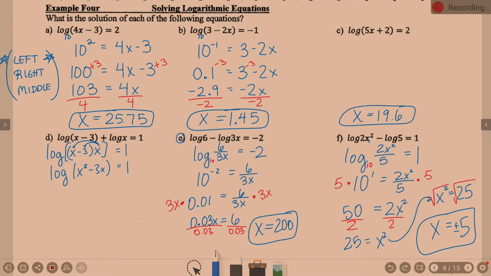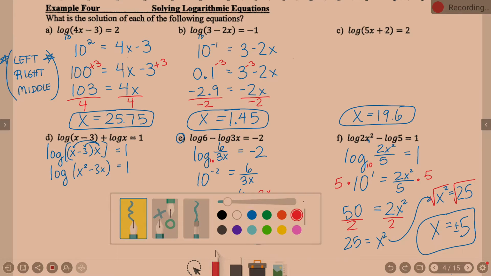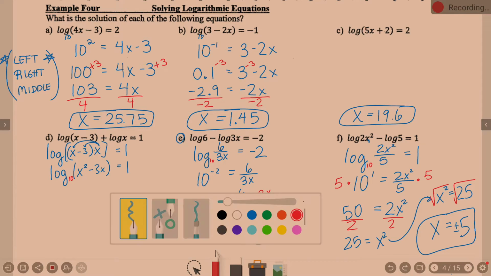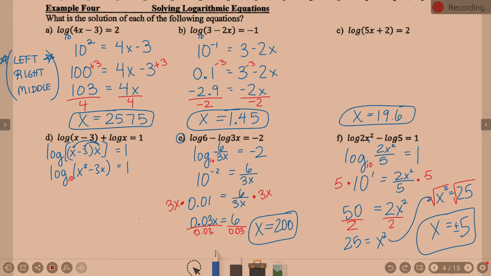So what am I doing? Left, right, middle. My left is 10. 10 to the first equals x squared minus 3x. Okay, so I basically have the equation x squared minus 3x equals 10.